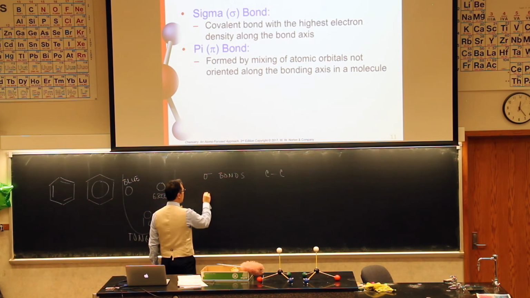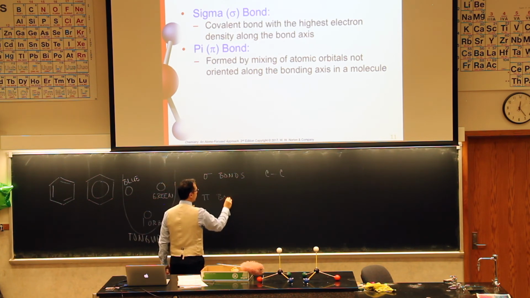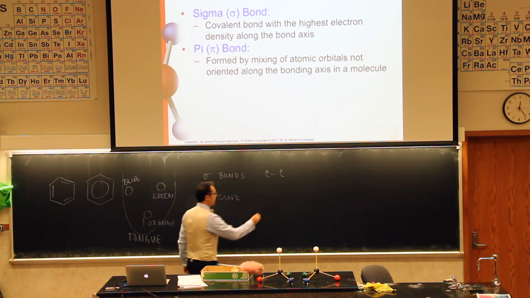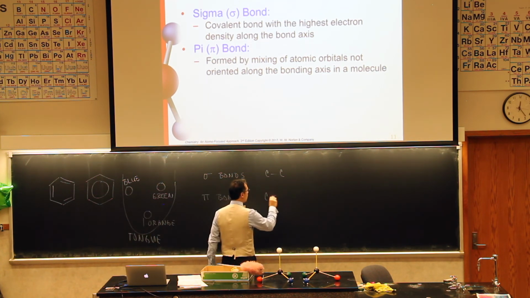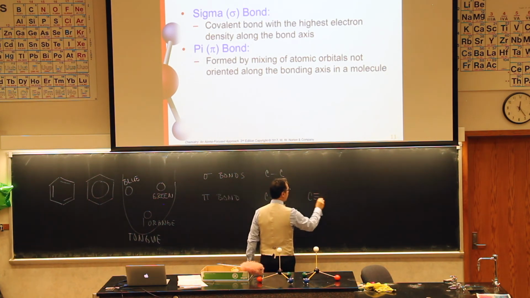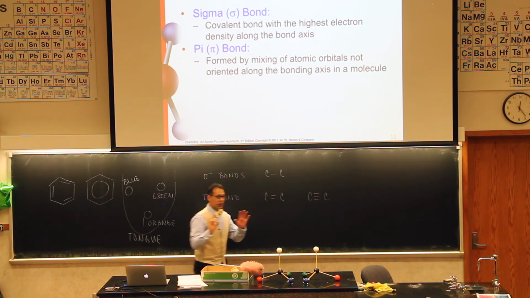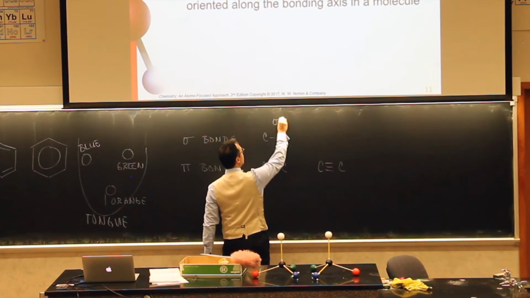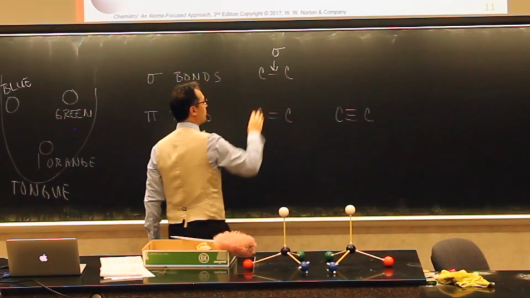Now a pi bond is where we have a double or a triple bond. And so if I have a double bond like this, or a triple bond like this, here's where it gets a little weird. I'm going to say sigma right here. So that's a sigma bond.